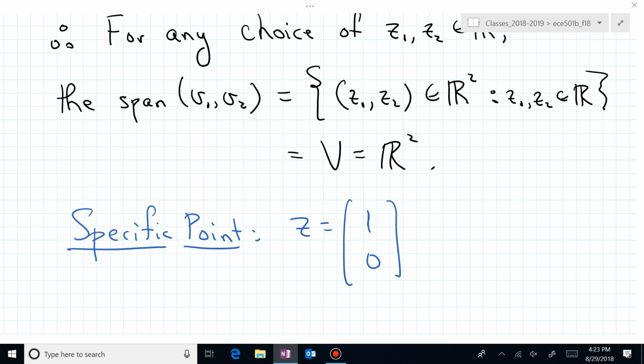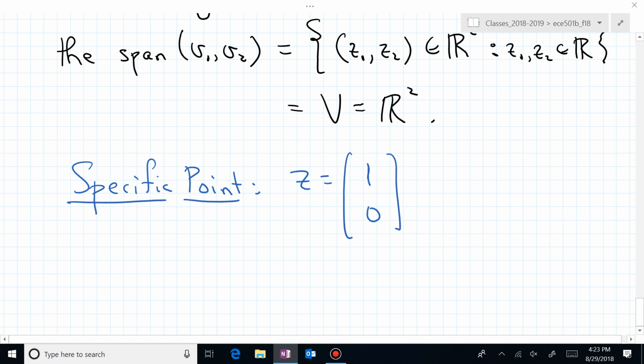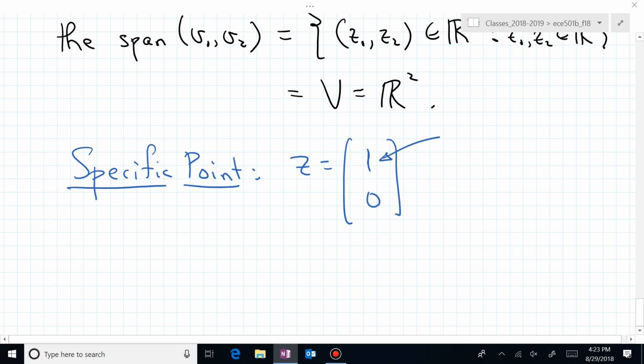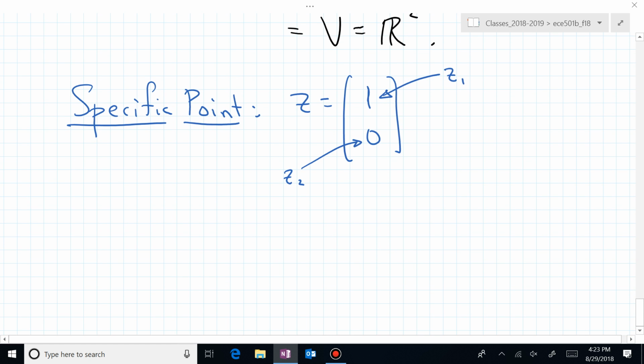What is that linear combination? Now you have the equations to do that. Here, we want z1 to equal 1 and z2 to equal 0. And we have formulas for a1 in terms of those z's.